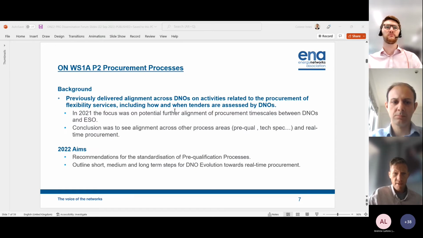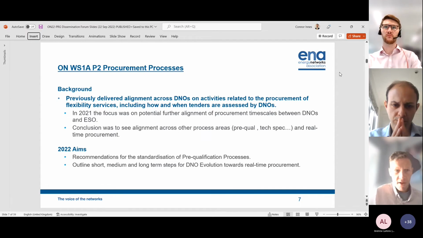So what we pulled together was some details on future procurement events for 2022 and beyond, so market participants and flexible service providers can easily see what's coming up and how they can participate in those procurement events. I think that needs a little bit of an update, but there is more detail on the ENA Flexibility Services webpage. So that's how we got to where we are now.